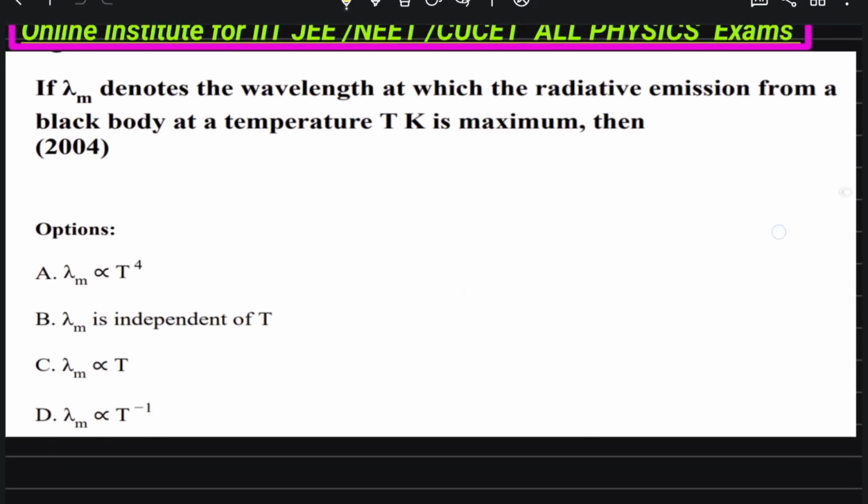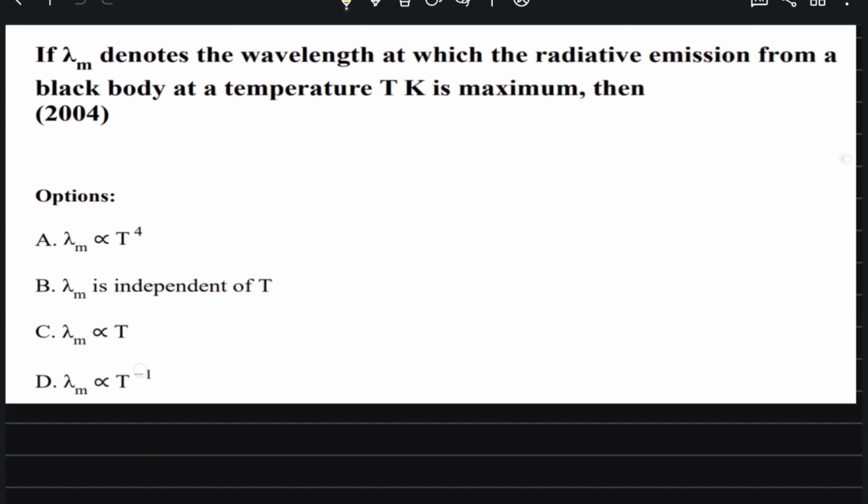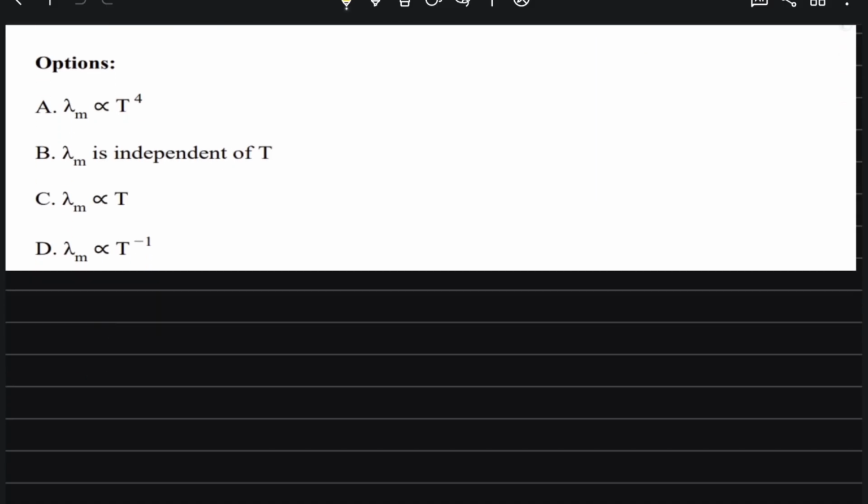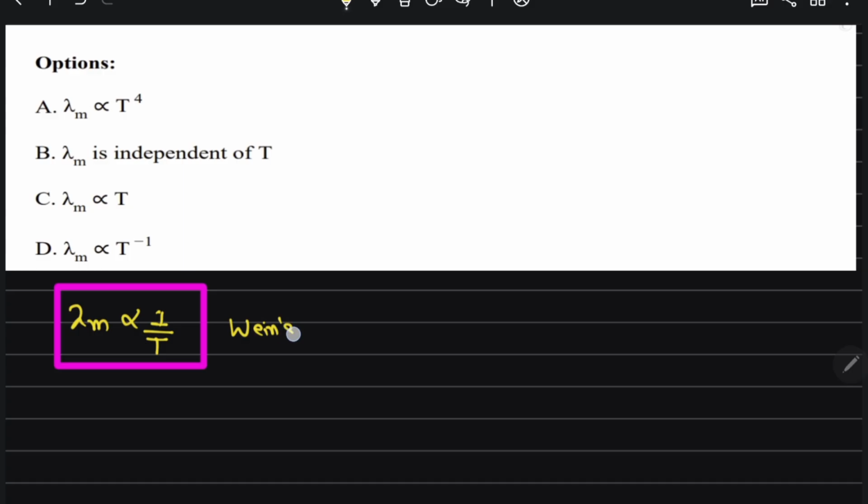This question says that lambda m denotes the wavelength at which the radiative emission from a black body at a temperature T Kelvin is maximum. So the maximum emitted wavelength is inversely proportional to temperature. This is Wien's displacement law.